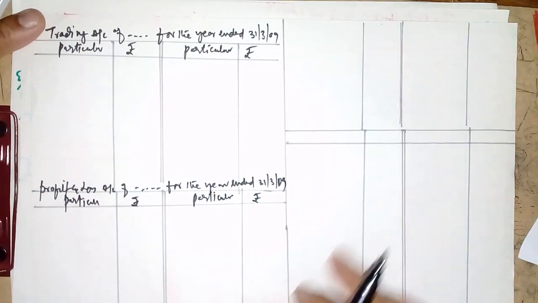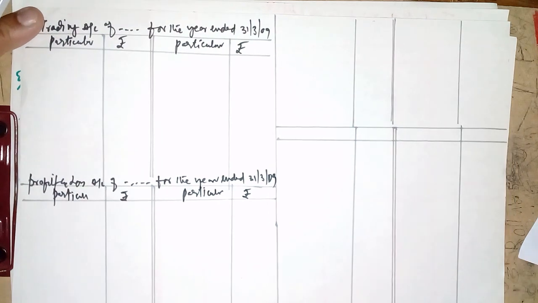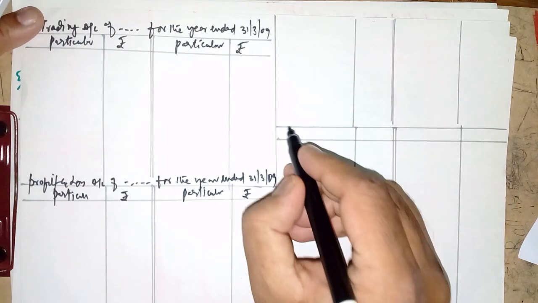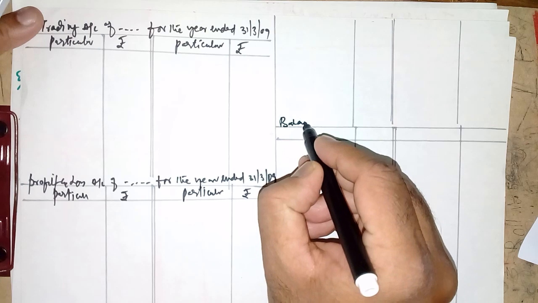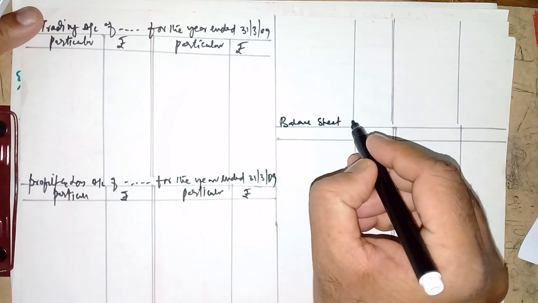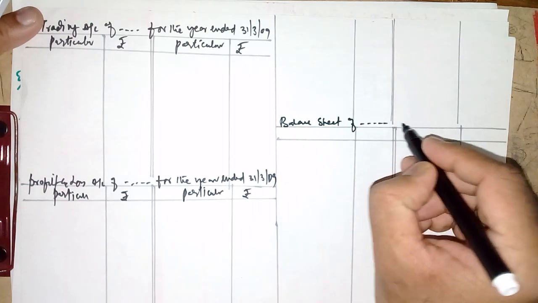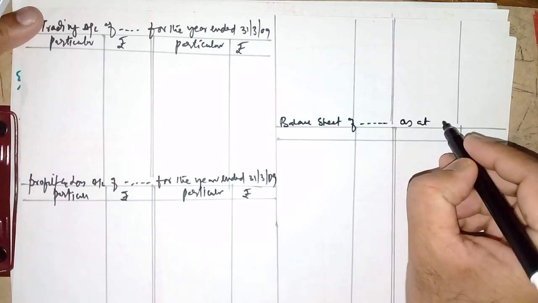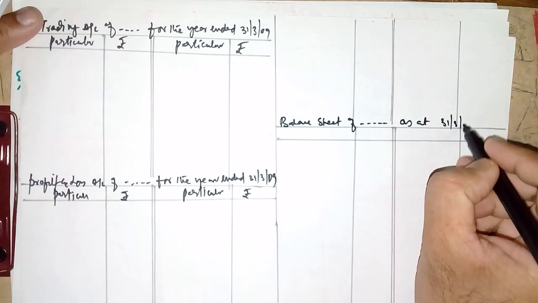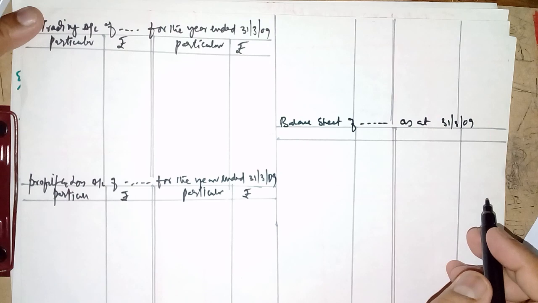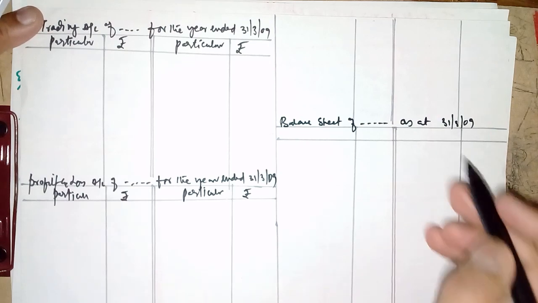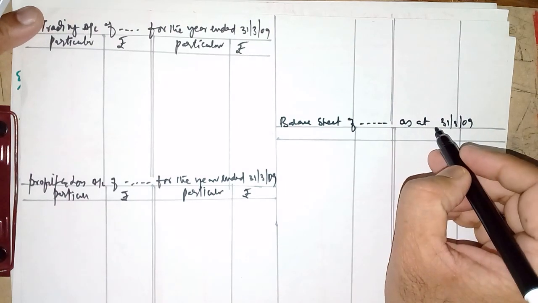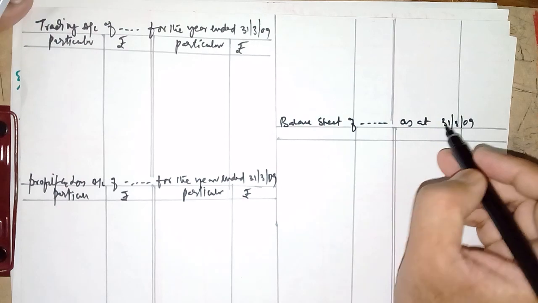If the place is not sufficient, you can extend the P&L account. Then this is the balance sheet of dash dash dash as at 31/3/09. The balance sheet earlier we used to write as 'as on', and that has been replaced with 'as at'.